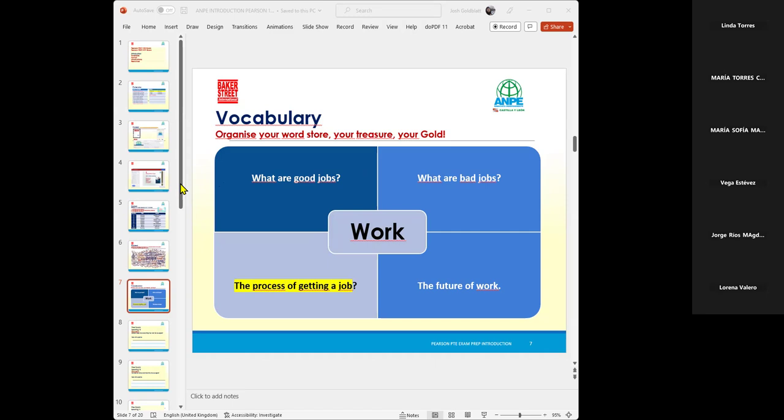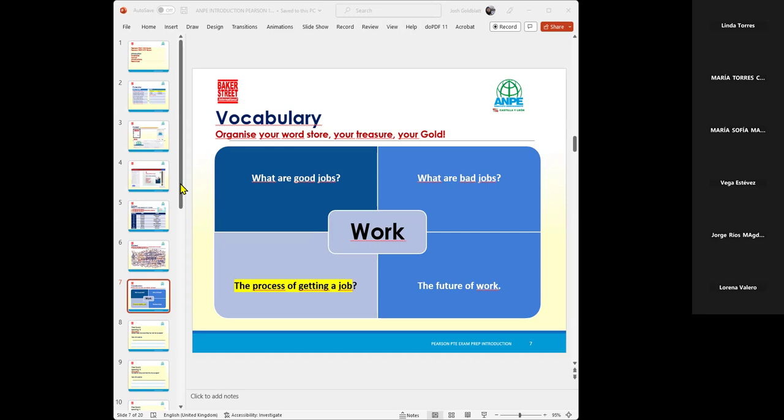Also, I can speak about jobs related to sustainability, like renewable energies and environmental science that will grow in the future. And also, for instance, the health part of the works like nurse or doctor, and also teachers, of course, that we need all the time, and it's really important to develop our lives.